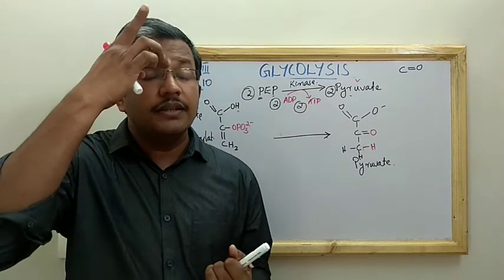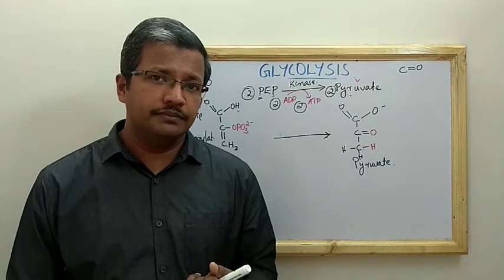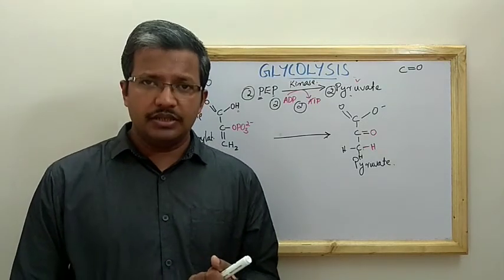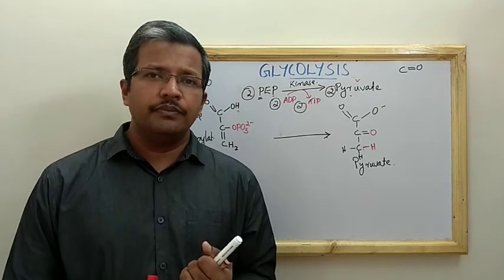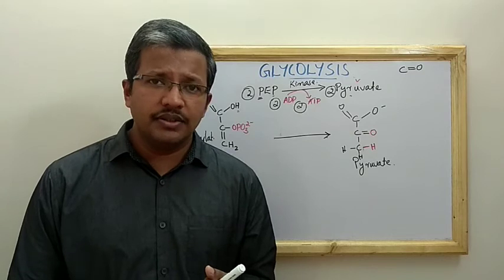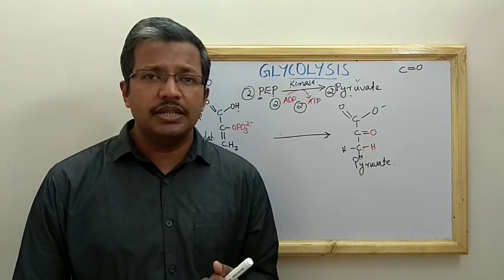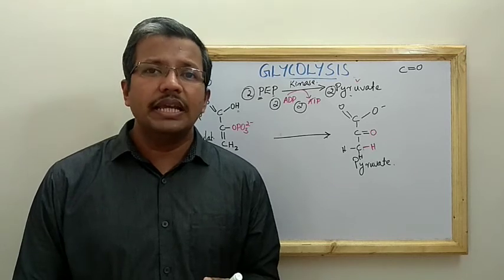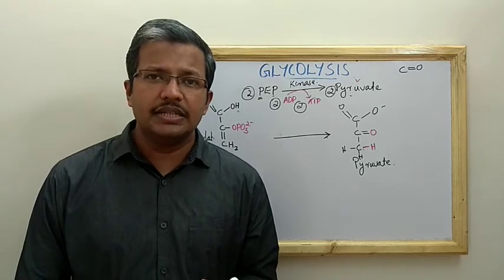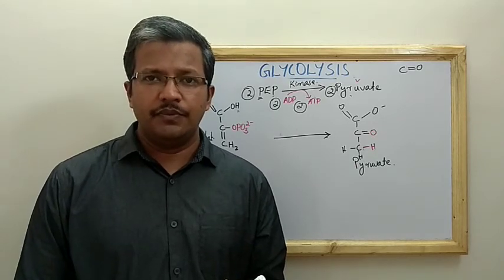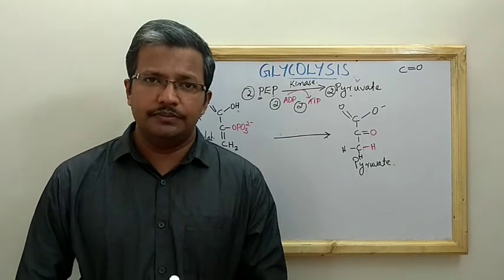The second is the cleavage and the formation of 2 molecules of glyceraldehyde 3-phosphate due to isomerization. And the third stage is the conversion of glyceraldehyde 3-phosphate into pyruvate with the release of energy in the form of 4 ATP molecules and 2 NADH plus H plus molecules. So the 3 stages are over.